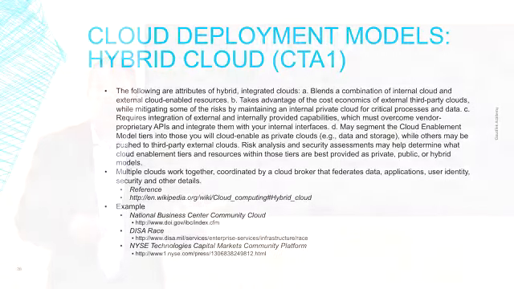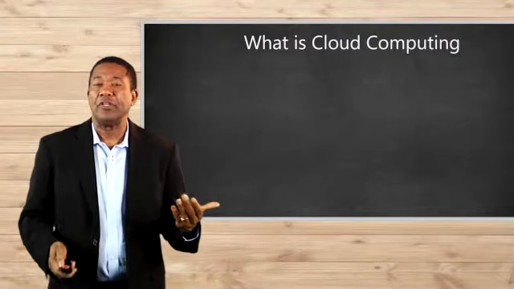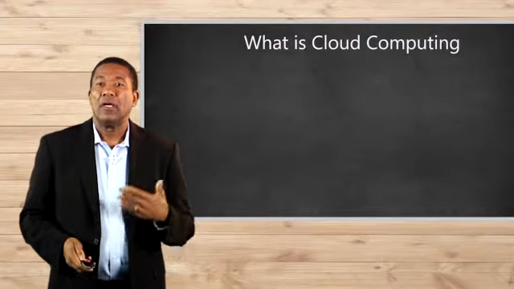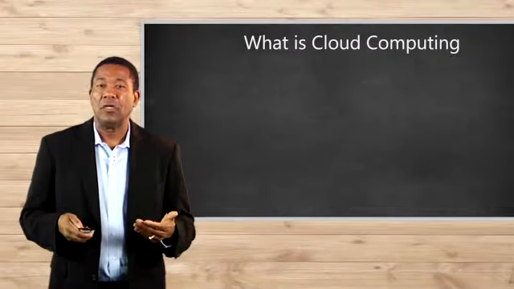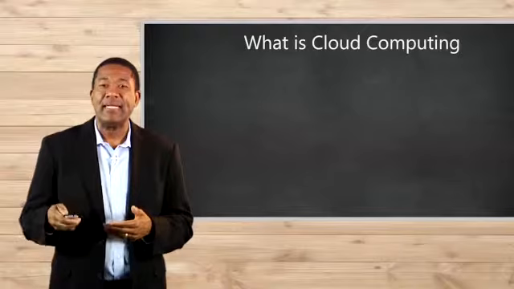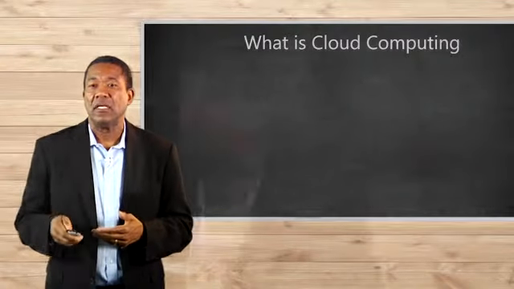The final deployment model we're going to talk about is a community cloud. Community clouds are where semi-private clouds are formed to meet the needs of a designated set of related stakeholders.